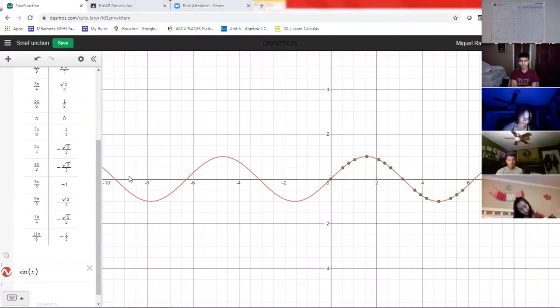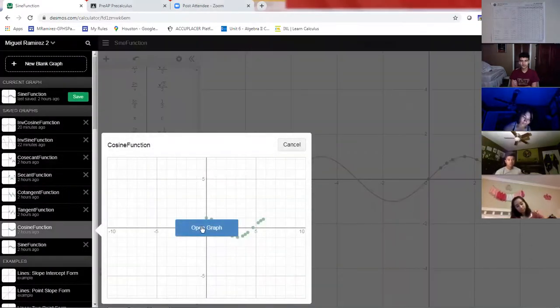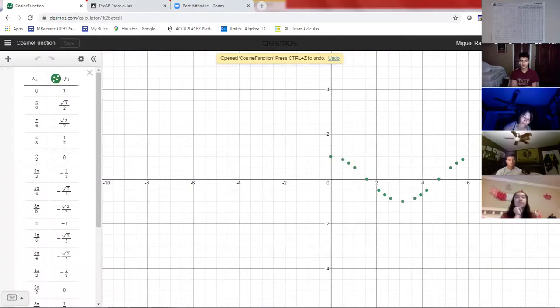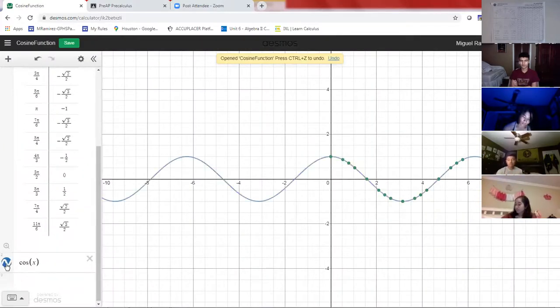The same is going to happen, but with different functions. For instance, I have here the cosine. If you see here the cosine, we can see the points from the unit circle. And when we continue with the same values, we see that the function repeats and repeats and repeats.